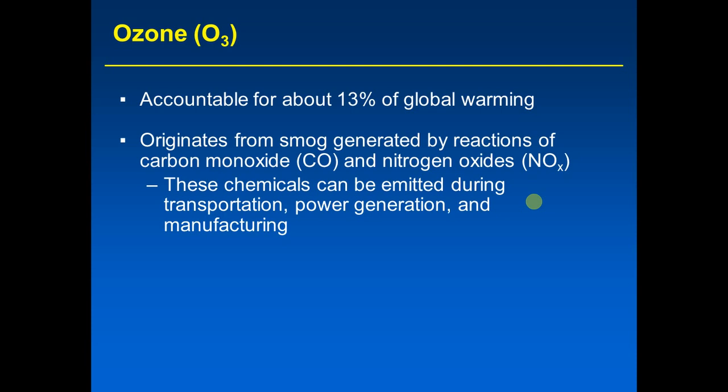Power generation, coal power plants emit carbon monoxide and nitrogen oxides, and so do manufacturing plants or factories, right? Tropospheric concentrations have increased, okay? So now, if you look at these three greenhouse gases, carbon dioxide, methane, and ozone, you'll see that those three are responsible for 61% of global warming.